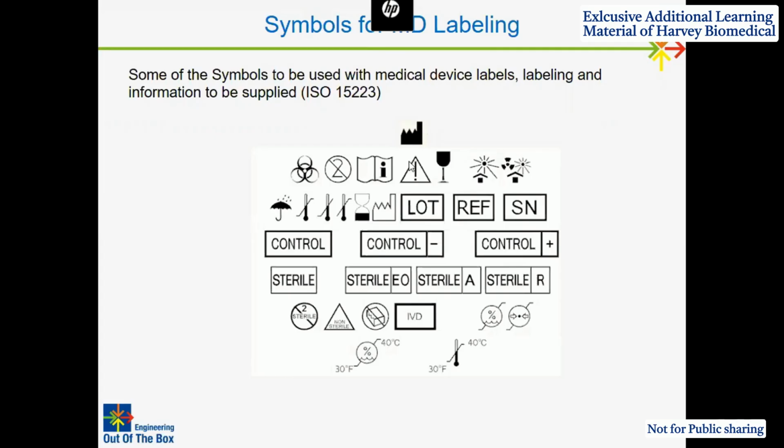Okay, I'll explain. These symbols identify specific requirements, the condition or the status of your product. For example, in this box it is IVD. Why is this specific symbol there? We are telling that the specific device is an IVD product.